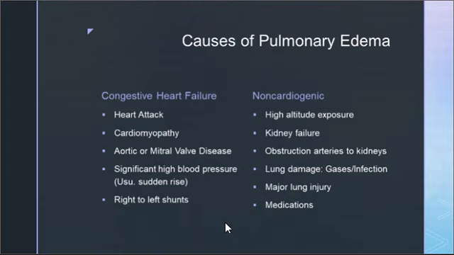Pulmonary edema can also have a non-cardiogenic cause, such as high-altitude exposure, kidney failure, obstruction of arteries to the kidneys, that is kidney arterial stenosis, lung damage through gases or infection, major lung injury, and certain medications. Pulmonary edema develops within hours after exposure to a drug, medication, or gas. It can resolve when that drug or exposure is removed.